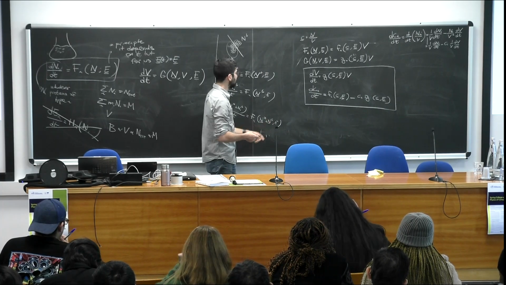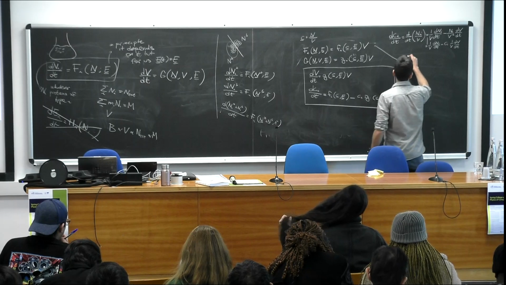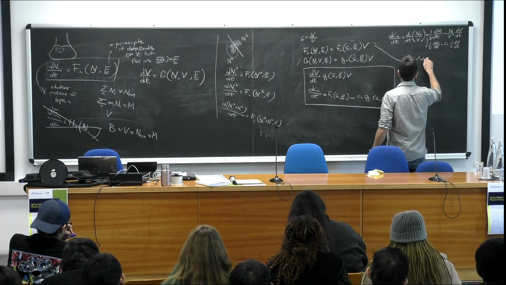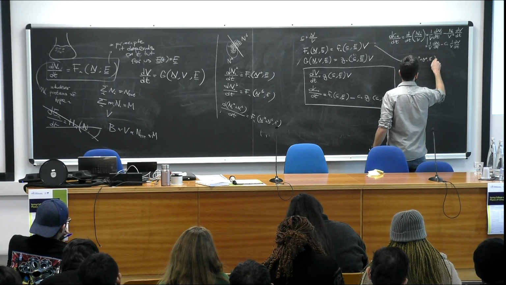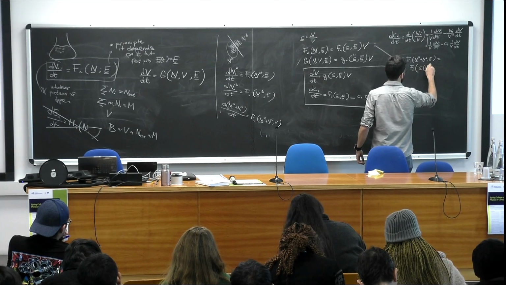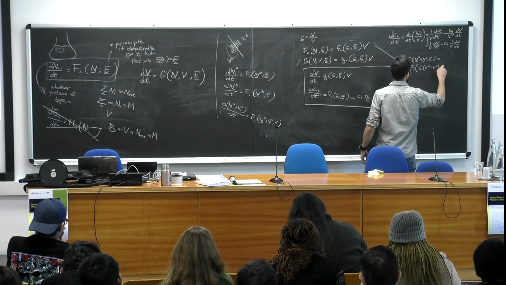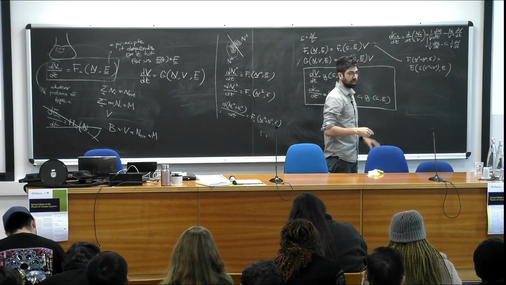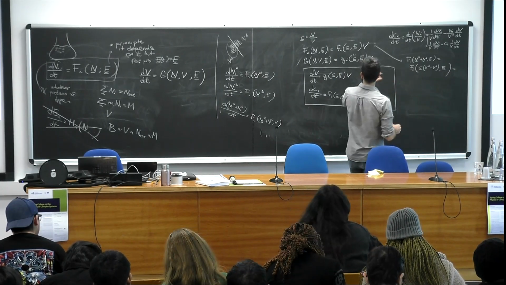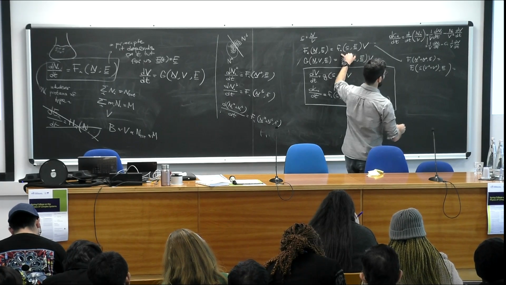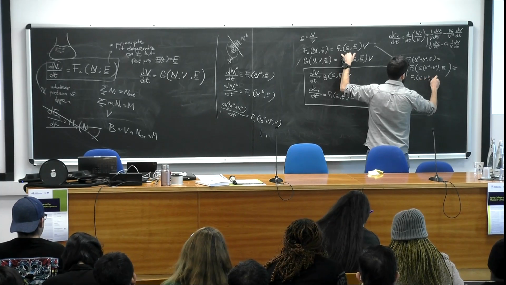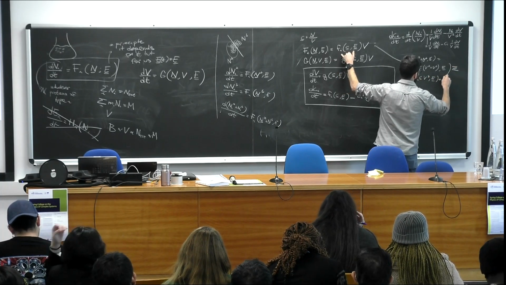So this expression implies that if I write F_i(N^A plus N^B, given E), I can always write this as f_i(C) times (V^A plus V^B), because I'm assuming that the concentrations, the intensive quantities, are the same. And this is the condition I want.